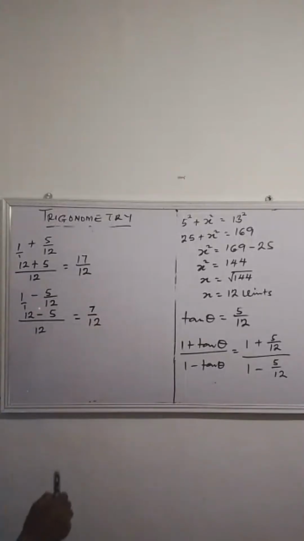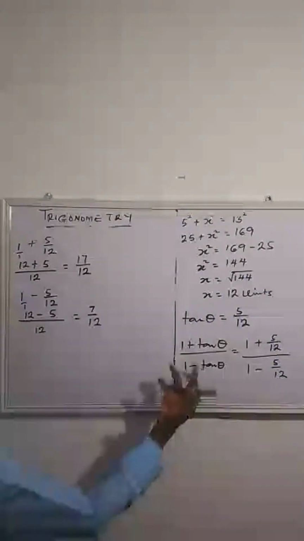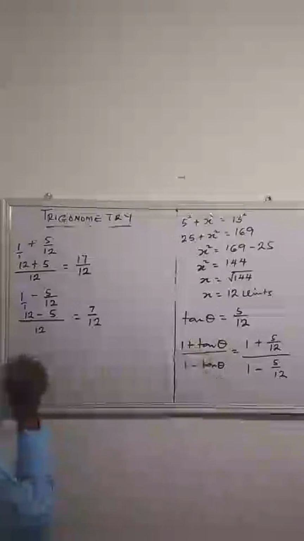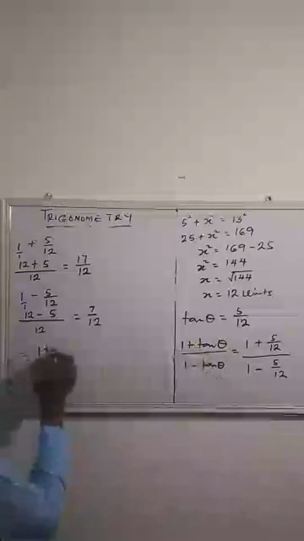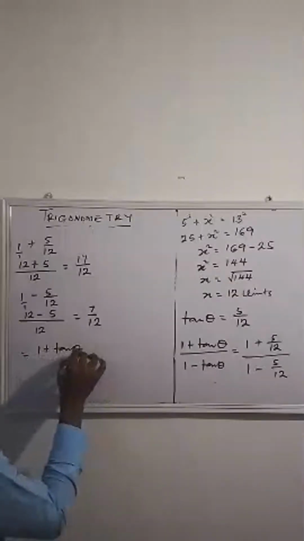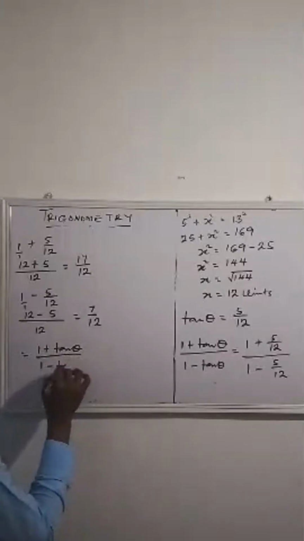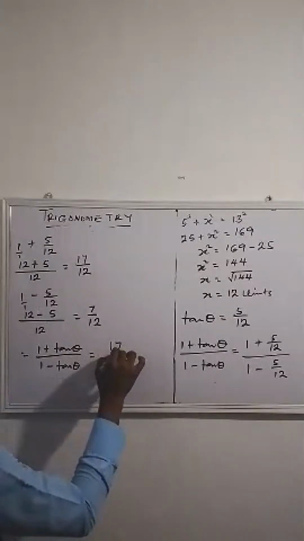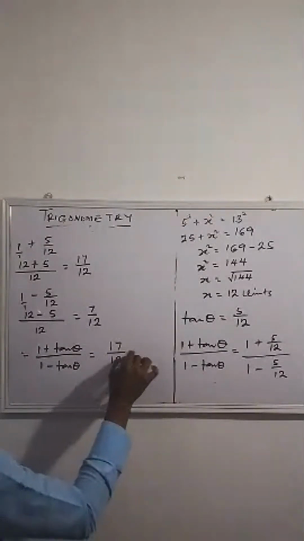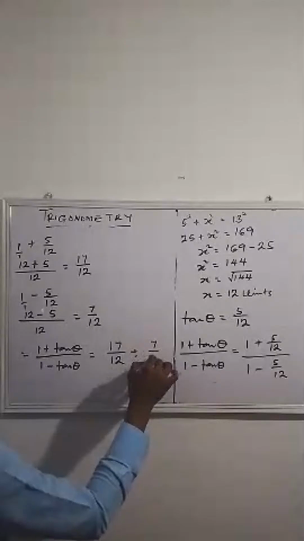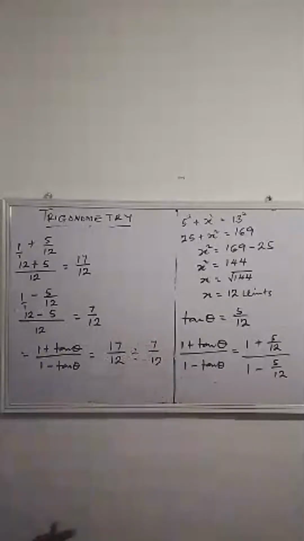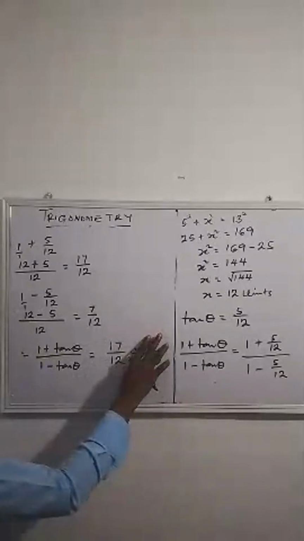Okay, so from here, you can now plug in the values. So that means 1 plus tan theta over 1 minus tan theta equals 17 over 12 divided by 7 over 12. Okay, I hope you get that. So this is the numerator and this is the denominator.